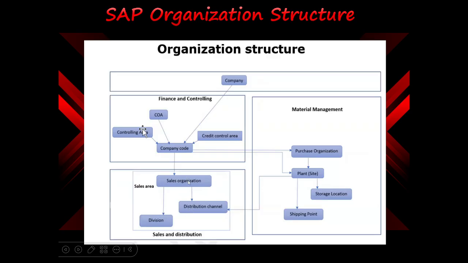So all these sales organization, distribution channel and division come into sales area, and it forms the entire sales and distribution. Same company code we have in financial and controlling. So there we have COA, which is chart of accounts, controlling area, credit control area. So this all comes into the FI module.